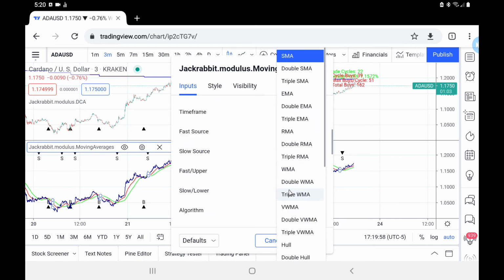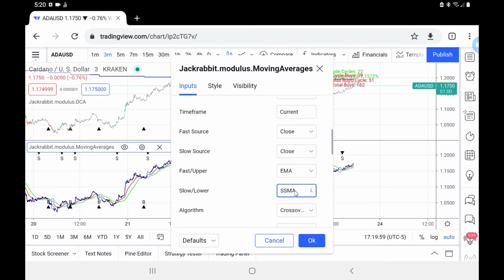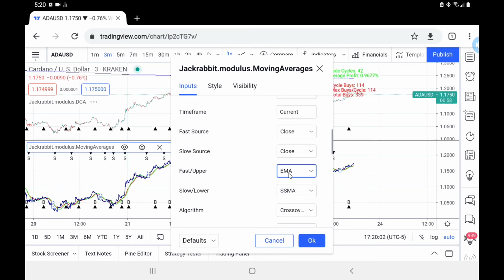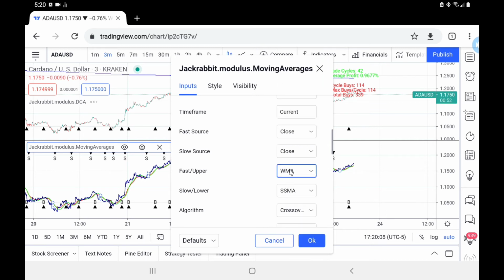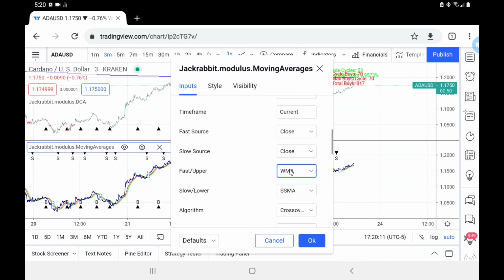Okay, let's move this to an SSMA. And let's move this to a weighted moving average. Well, that didn't do any better. That is actually worse.